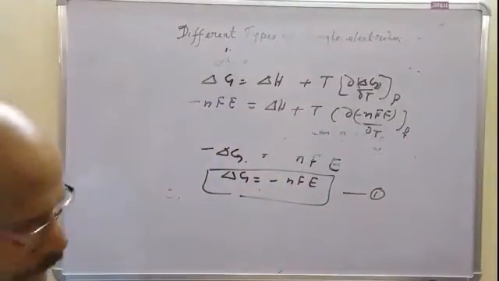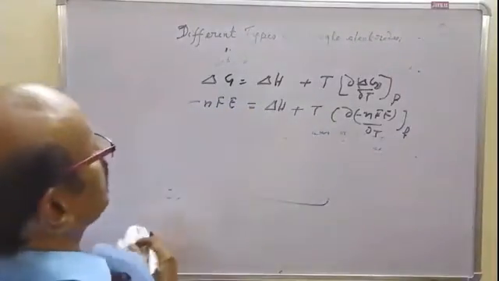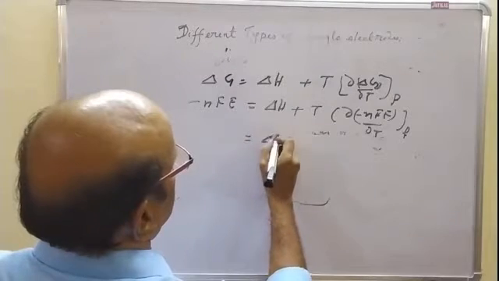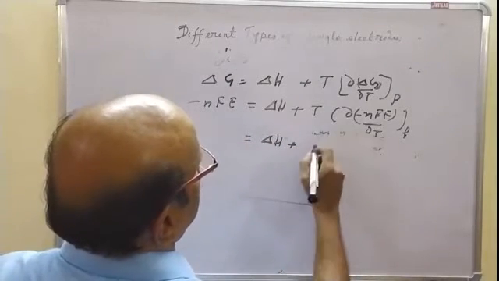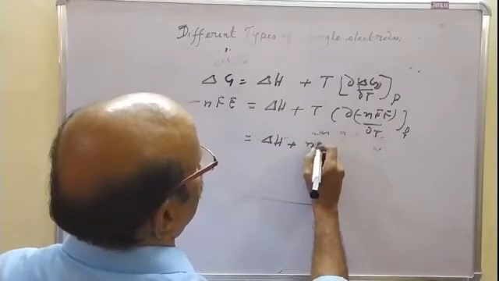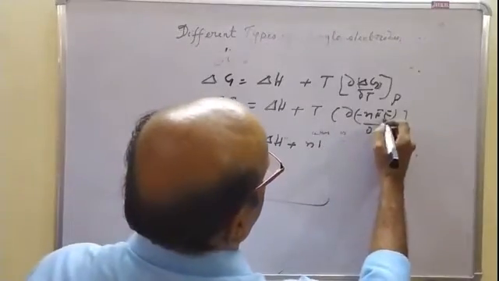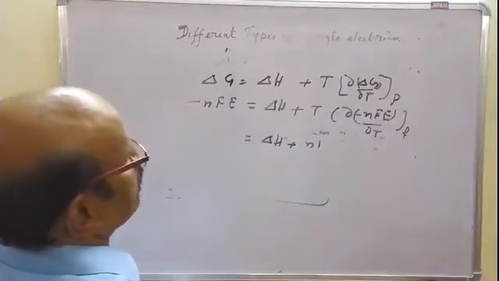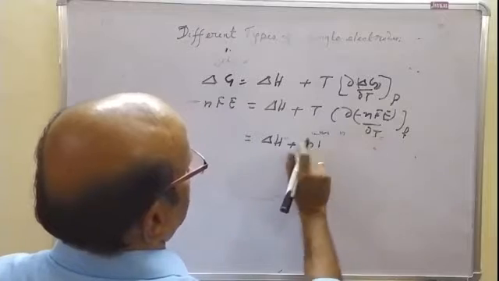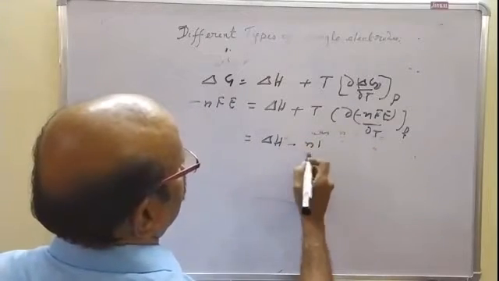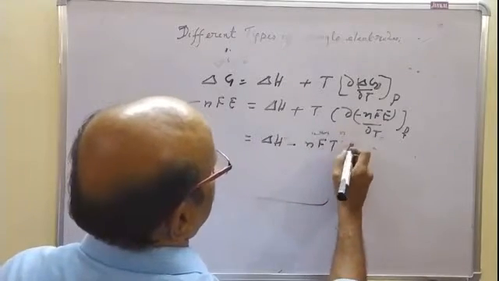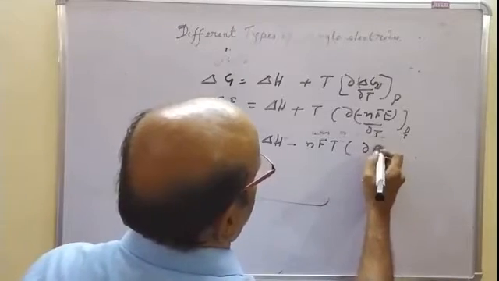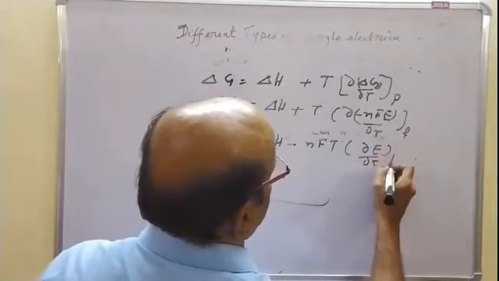Opening this equation, that is equal to delta H plus T into minus nF dE by dT at constant pressure.